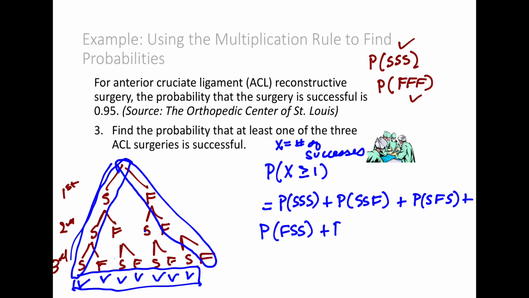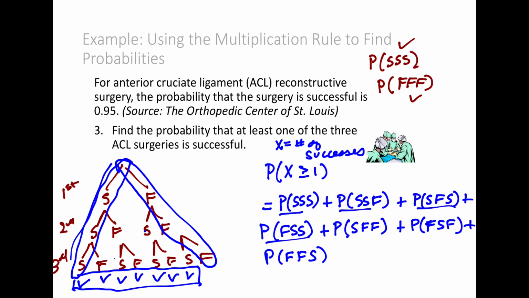Or I could just have 1 success followed by 2 failures. And then that S can make its way through each position, failure, success, failure, or failure, failure, success. Right. There's 7 different ways that we could successfully have at least one.